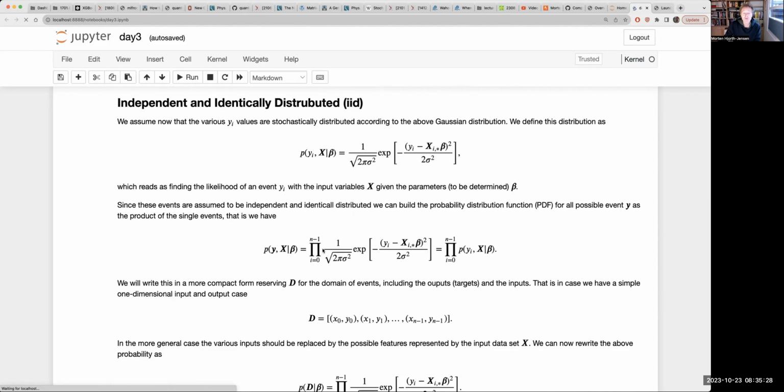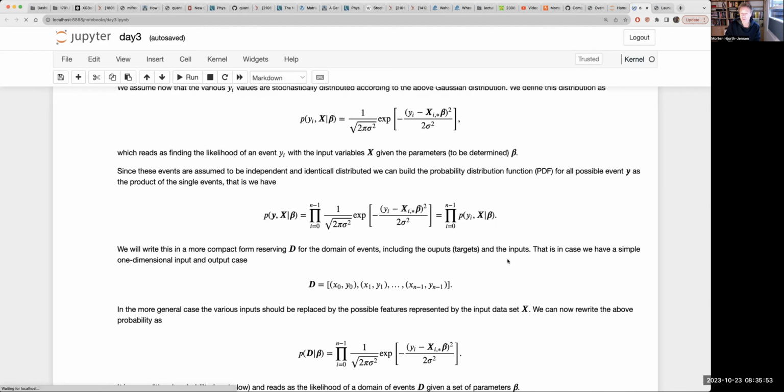Then we can rewrite the probability in terms of this, and so we have the product of the probabilities. Since these are independent, every y_i is independent of the other y_j. And then, since they have the same probability distribution, we can make an ansatz for the total probability, which is given by the product of the different probabilities.